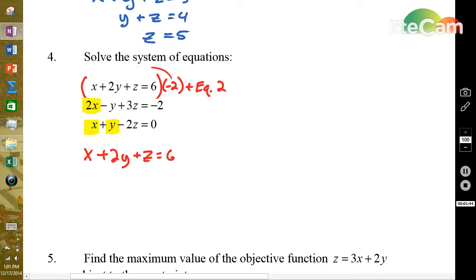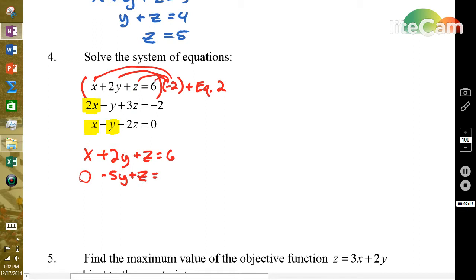So -2 times x is -2x. -2x plus 2x is 0. So we don't see that anymore. -2 times 2y is -4y, plus the negative y is -5y. Finally, -2 times z is -2z plus 3z, that's just a positive 1z.